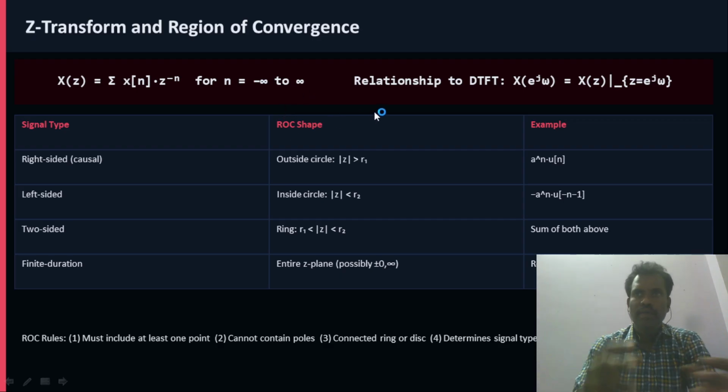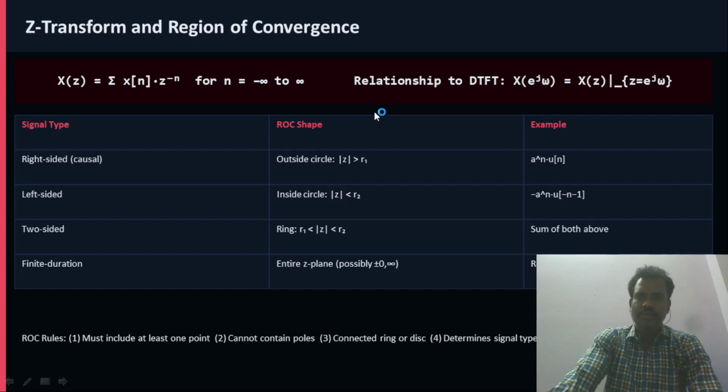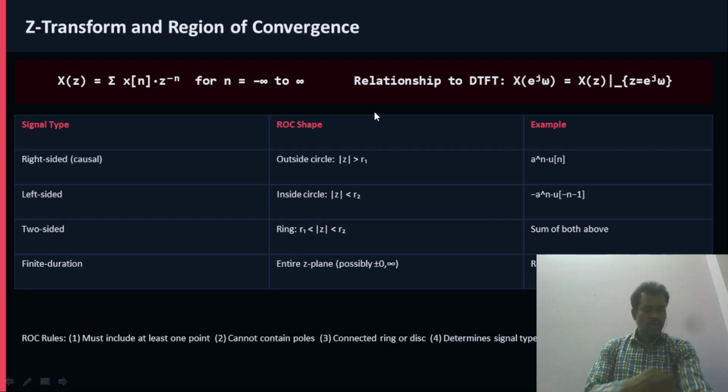If it is absolutely summable, its square should also be absolutely summable. Then it is called finite energy, and if it contains finite energy, then we can say it is an energy signal, right?